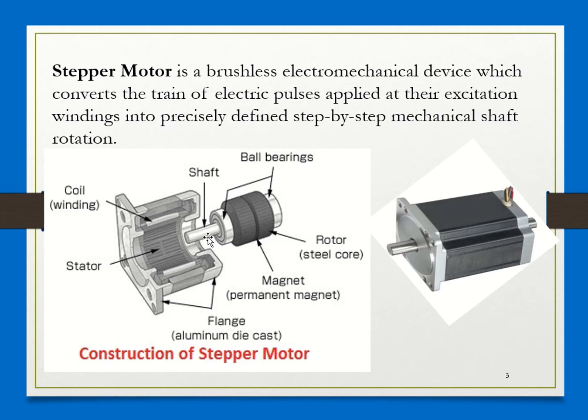The direction of the rotation is dictated by the stator poles, right? The stator poles are in fact determined by the current flowing through the windings. So when we change the direction of the current flowing through the windings, we can control the direction of the rotation of the shaft or the rotor, right?